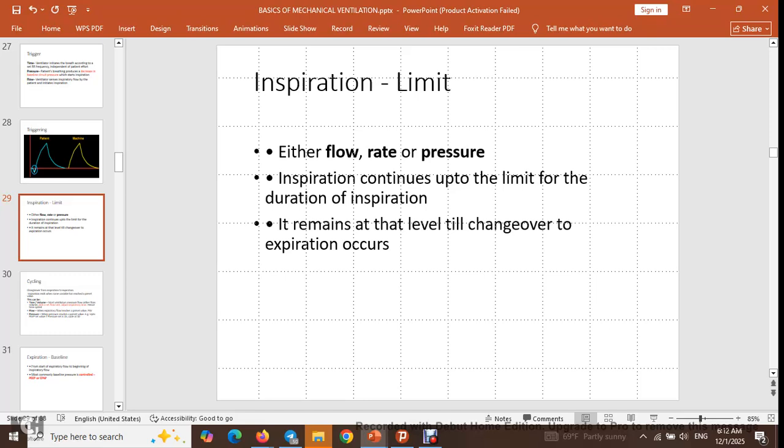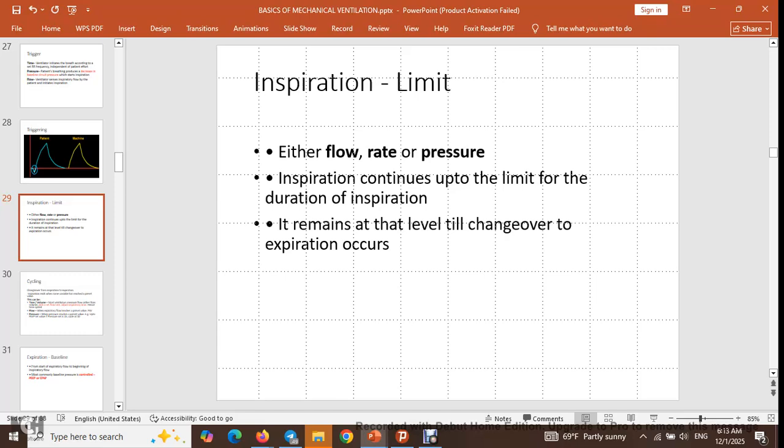That means at some amount of inspiratory flow, the ventilator senses it and keeps breathing. The other thing is limit. In pressure assisted control there is a pressure limit. In volume control assisted control, the limit can be flow limit.